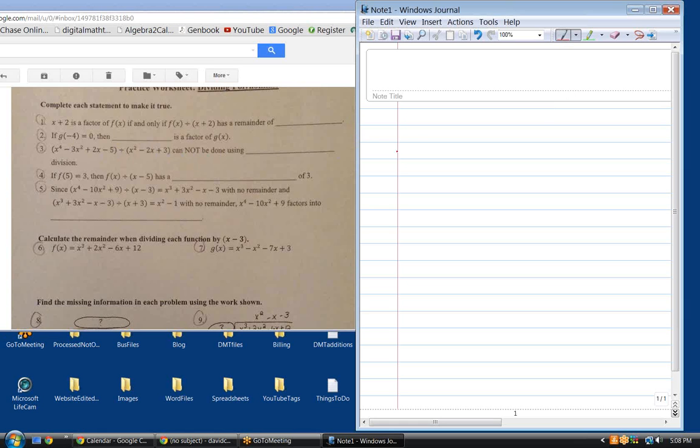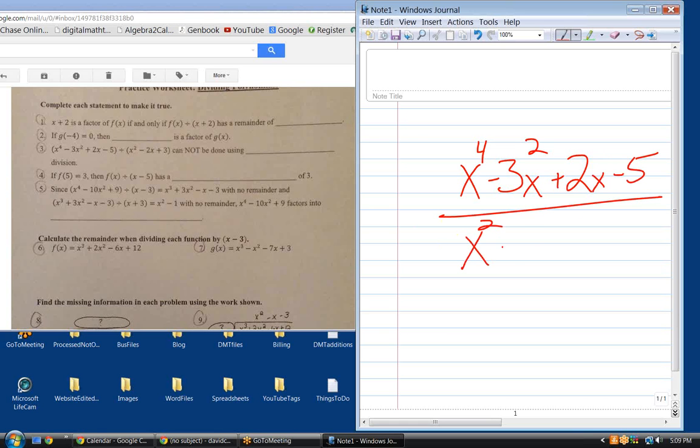What do you have to do to be able to divide these? I don't know. Well, how could I do this? In other words, we have a couple of ways we can do division. It says how can it not be done using... Exactly.